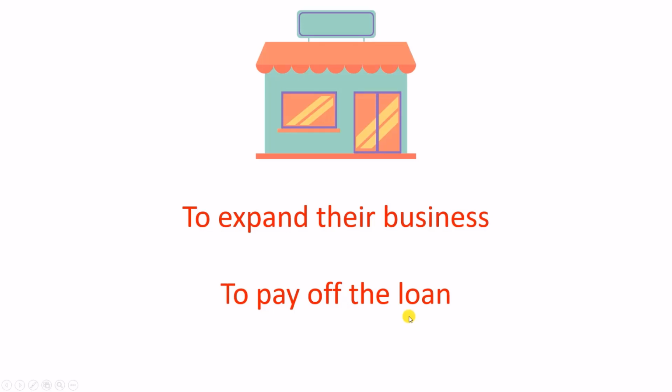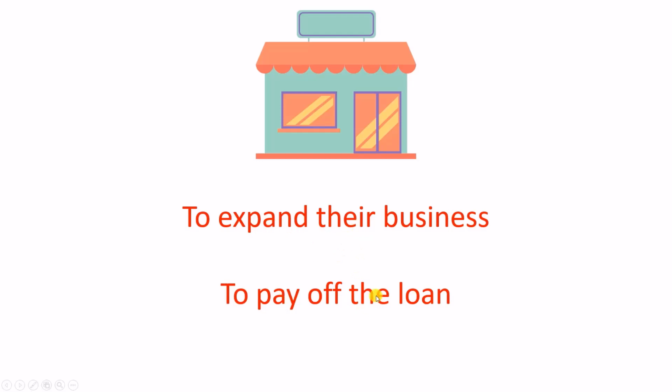That means it is not used for making profit, which is bad for investors. So when you hear that the company is offering rights issue, look at the reason for which it is issuing, whether it is to expand the business or to pay off the loan. This is good and this is bad. Now this is general opinion.